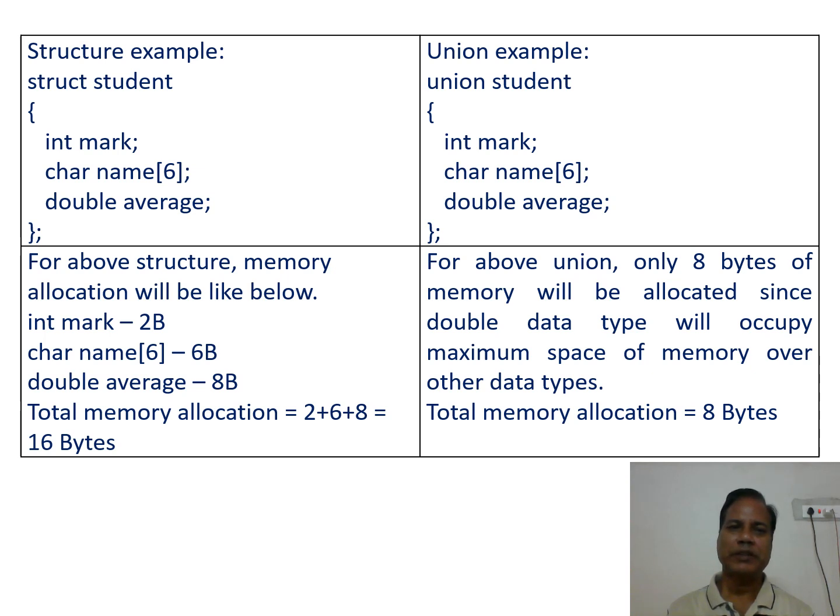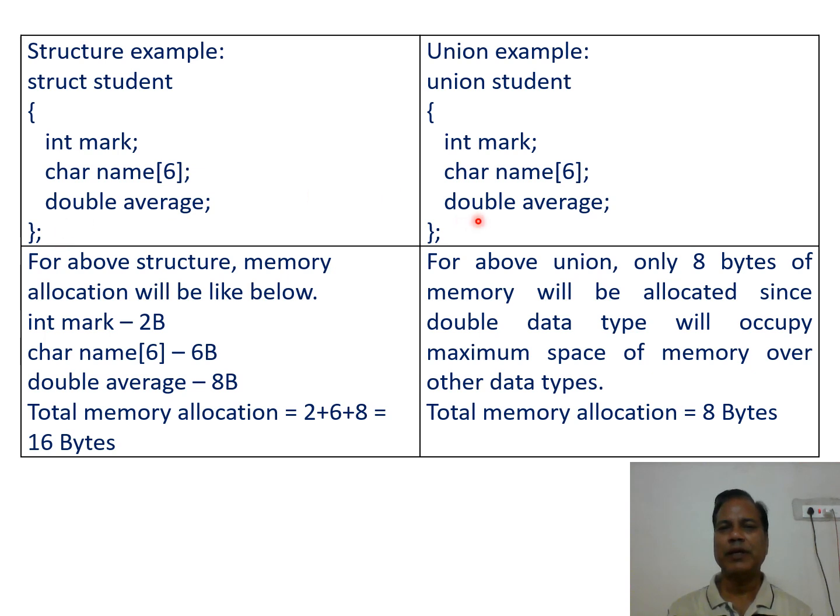In a structure example, we use the struct keyword and student is the tag name. So struct student is created in this form, and the member variables are int marks, char name and double average. This structure definition ends with the semicolon.